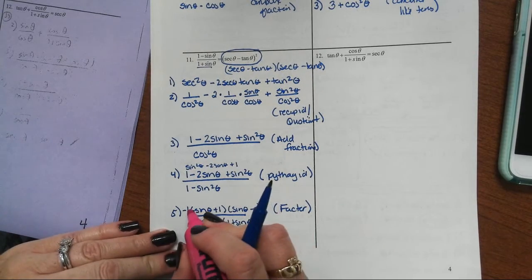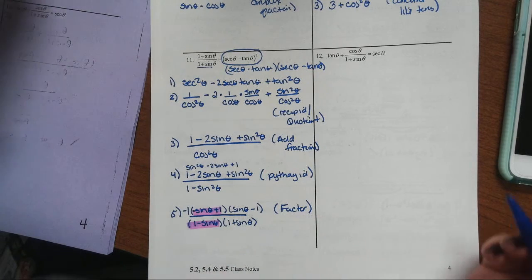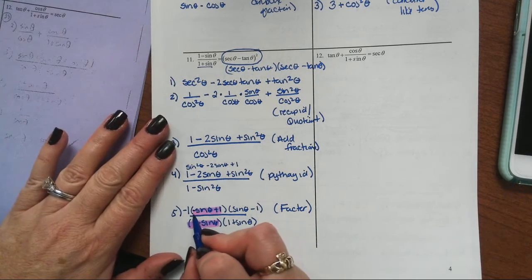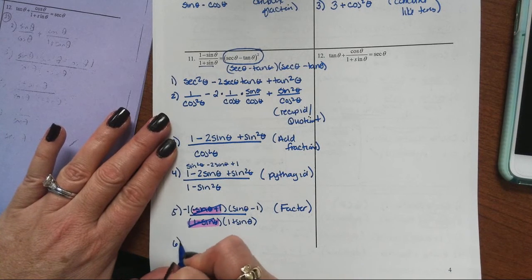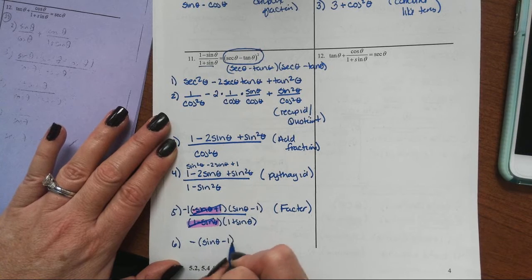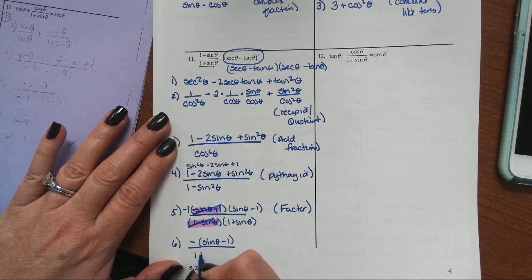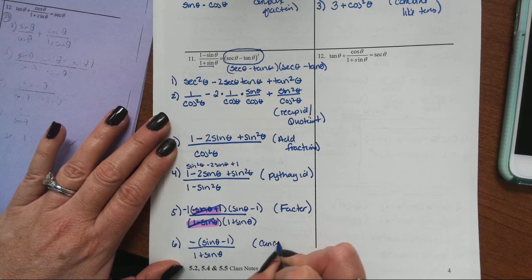By factoring out the negative 1, notice those two factors now are common in both the numerator and the denominator. So I can cancel them out. So I'm left with a negative quantity, sine theta minus 1 over 1 plus sine theta. And here I just cancel common factors.